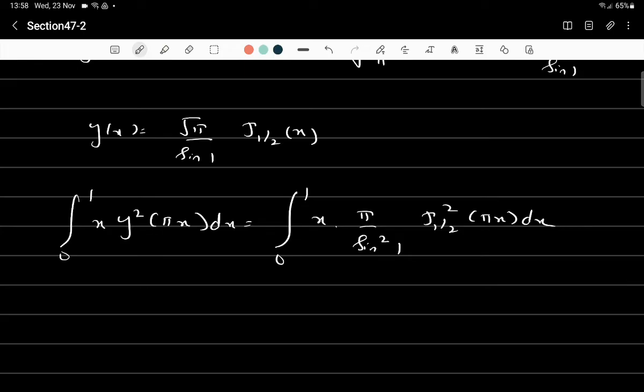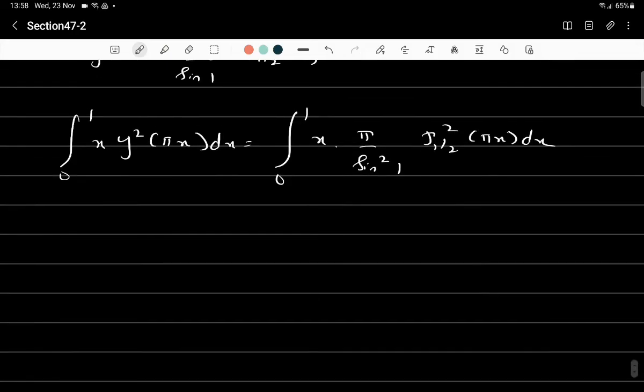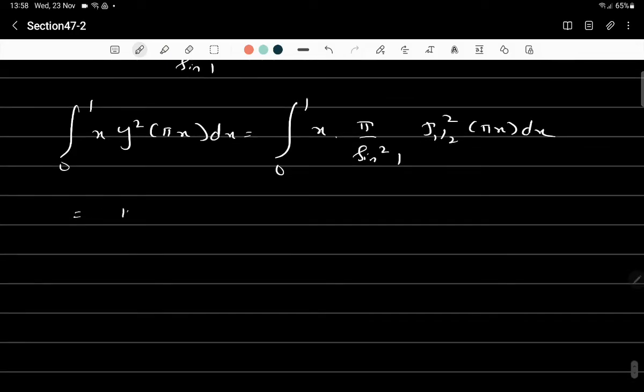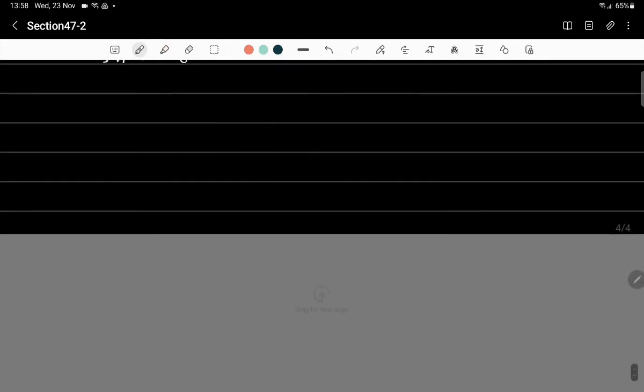That gives you the value of J half square pi x. So this would be equal to pi by sine square 1, which is a constant, integral from 0 to 1, and then root 2 by pi x is there, so squared is 2 by pi, and x got replaced by pi x, and sine square pi x dx.